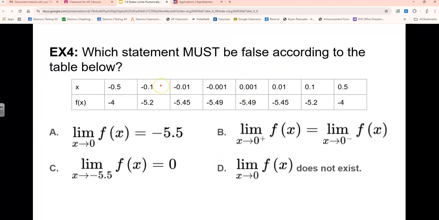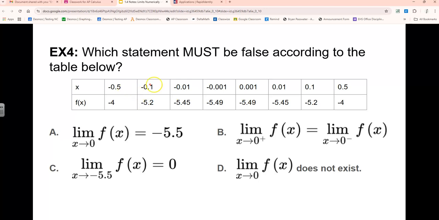Okay, that leads into my next question. Which statement must be false according to the table below? All right, so I've got limit as X approaches 0 of f of X equals -5.5. So this table, what X value does it seem to be focused on?